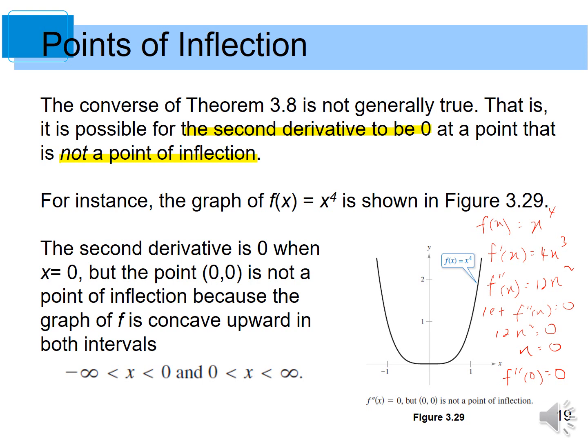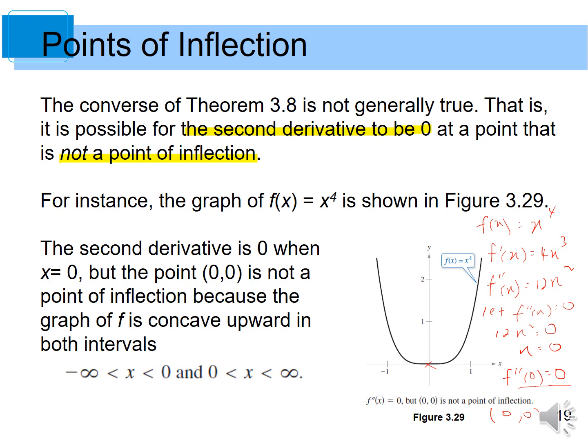But for the point (0, 0), how do we get the y coordinate? We substitute the x into the original function, so we get this coordinate. So it's not a point of inflection because the graph of f is concave upward in both intervals.